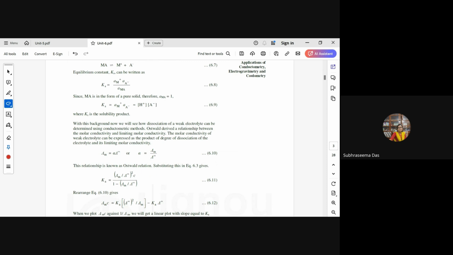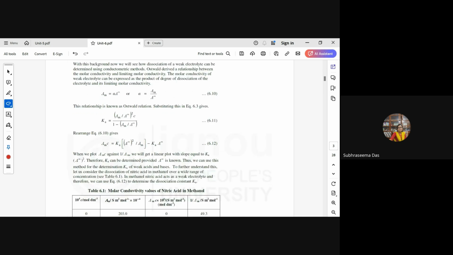That is, lambda m can be given as alpha, which is the degree of dissociation, and lambda infinity. So here we can write alpha is equal to lambda m by lambda infinity. This relation is known as Ostwald's relation for conductometric titrations.